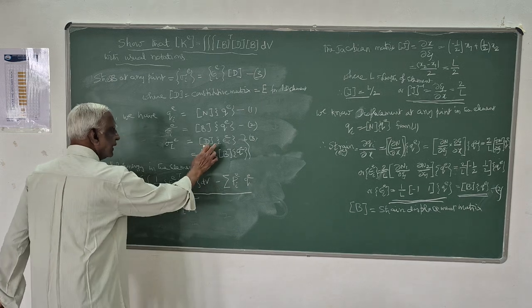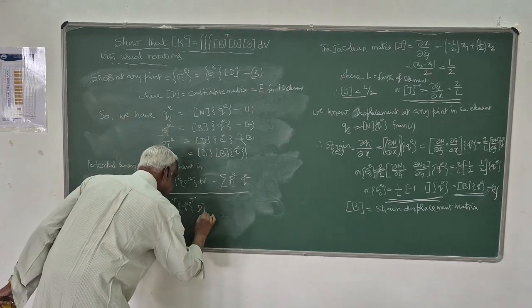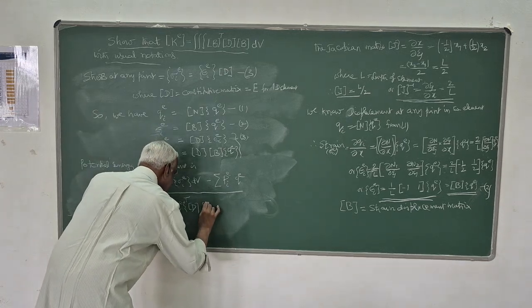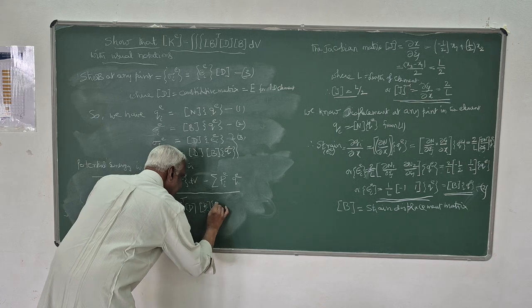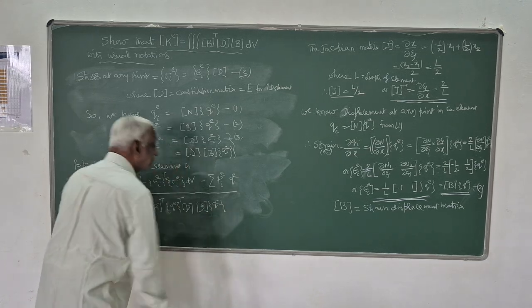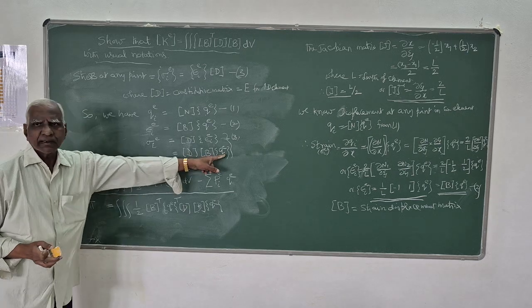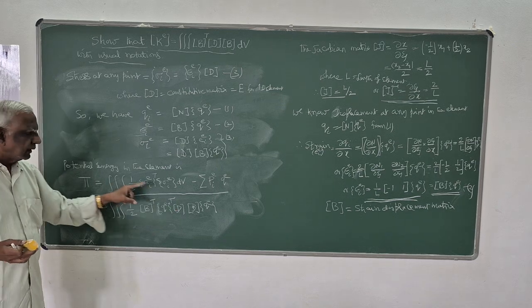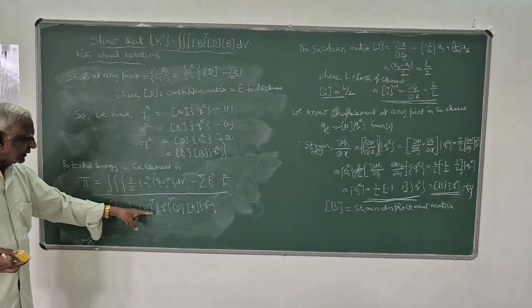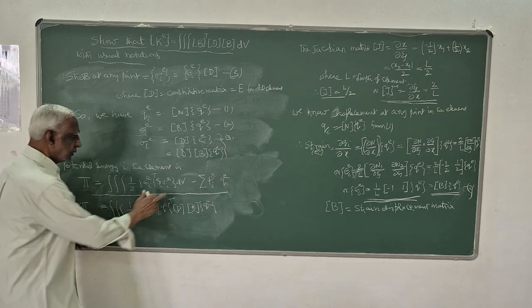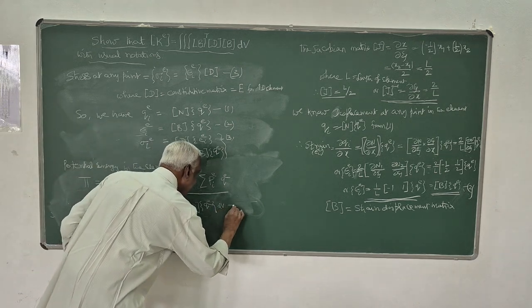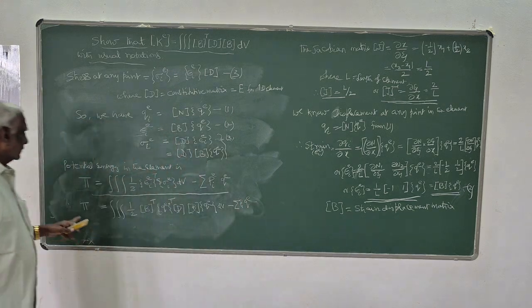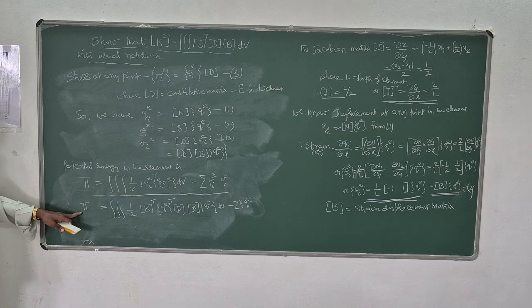Then sigma is D B QE. The whole thing is multiplied by dV, minus sigma Pi QE. This is your energy potential.